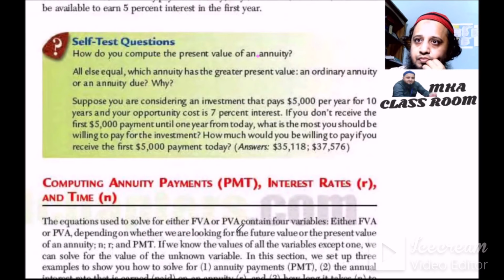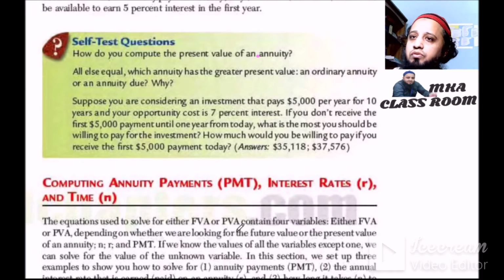Now, suppose you are considering an investment that pays 5,000 per year for 10 years, and your opportunity cost is 7% interest.